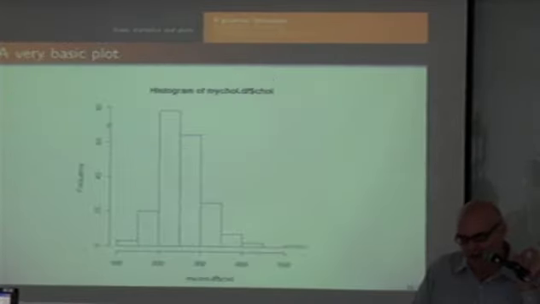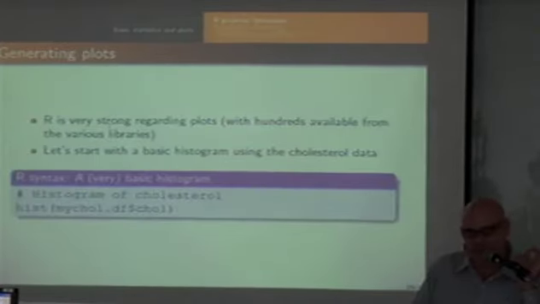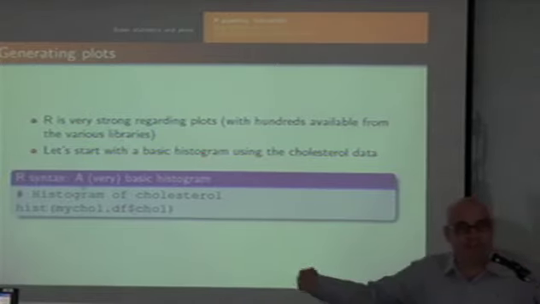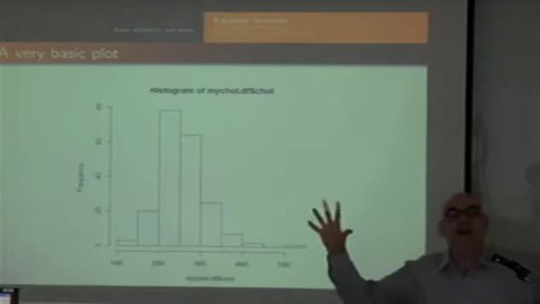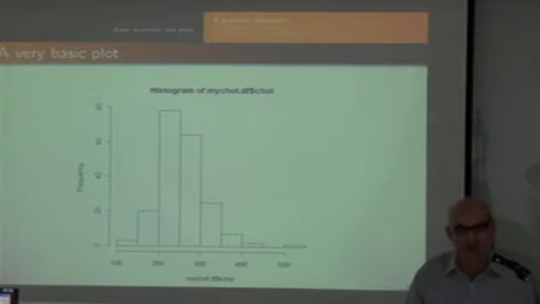Note that when I want to use the default, I don't have to specify anything. It just uses the defaults itself. So the default colour here was white. The default heading was histogram of the variable name. And the variable name was the default x-axis.